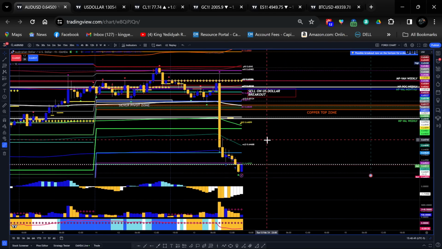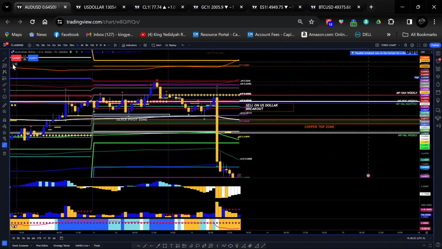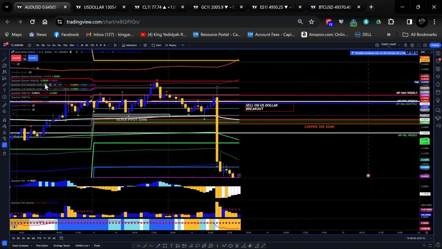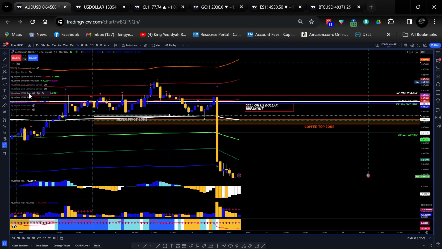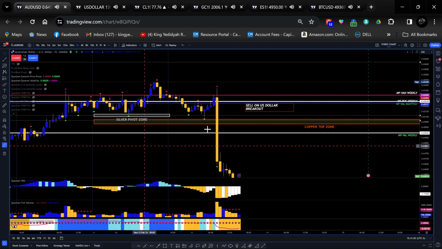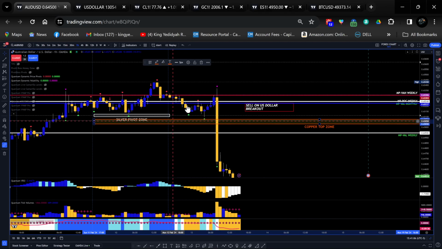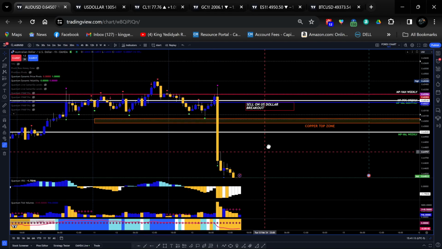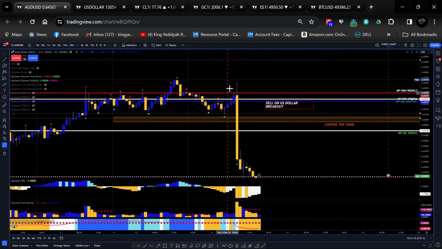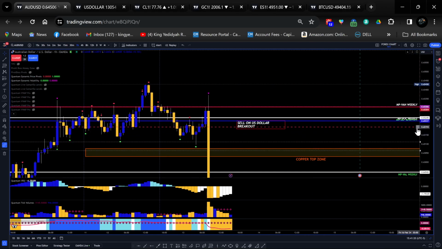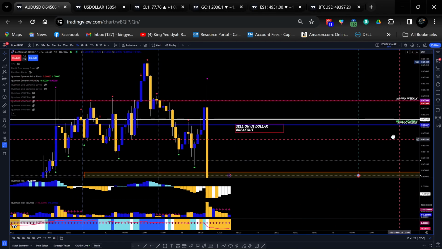All right, so look at some levels here. Let me try and clear up this chart a little bit. All right, so coming into the CPI, let's make this a little bigger.